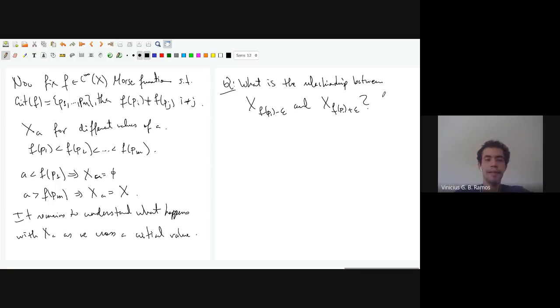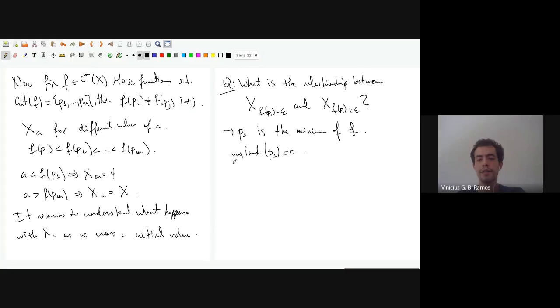So first of all, let's look at p1. So p1 is the minimum of f. So it's going to be a local minimum in particular. So the index of p1 is 0.